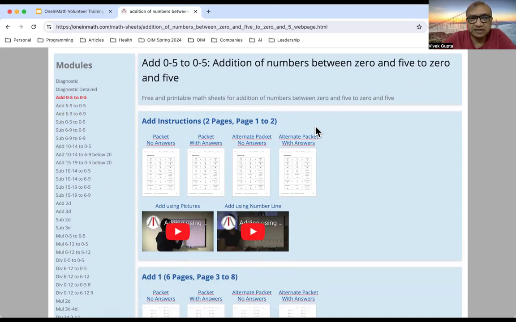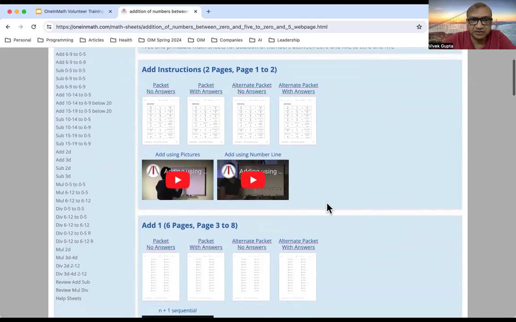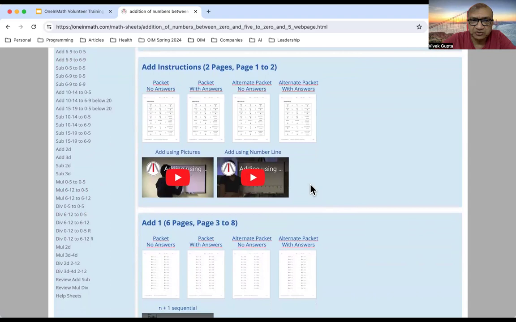It's not something you would use as a packet per se, but you print them out to help the students learn the basic concepts of adding numbers, because they're really young if you're starting with add 0 to 5. There are also some videos to give you instructions on this particular module.